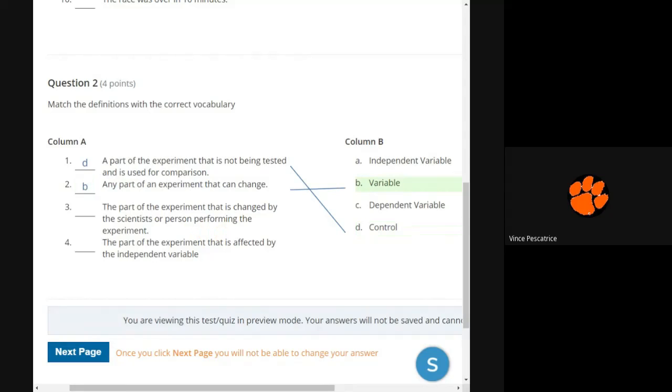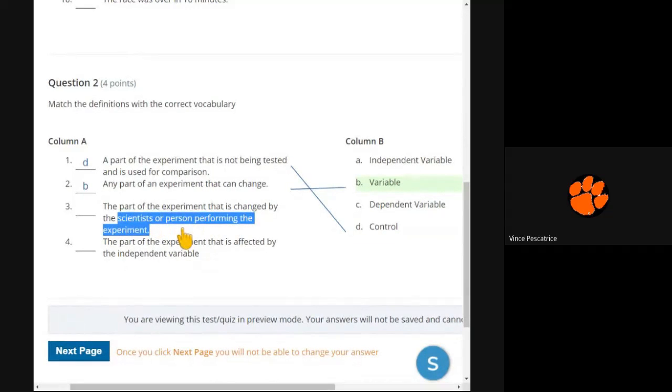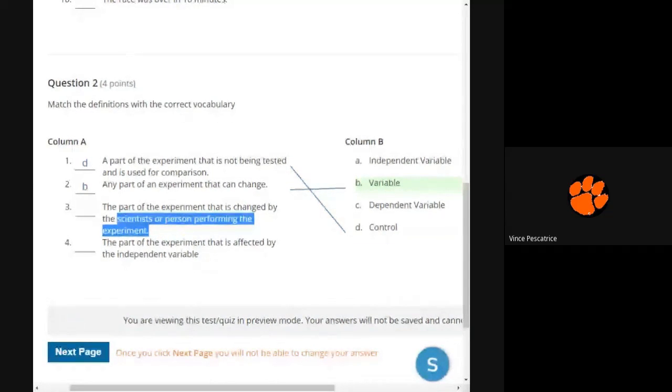Okay, so 3, the part of the experiment that is changed by the scientist or person doing the experiment. So what part of the experiment, is it the independent or dependent variable, is the thing that we as scientists change? Go ahead and put that in the chat. Which one is the thing that we change, we have control over, the independent variable or the dependent variable?